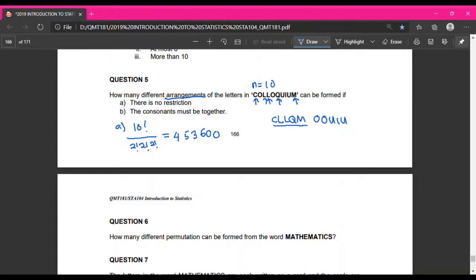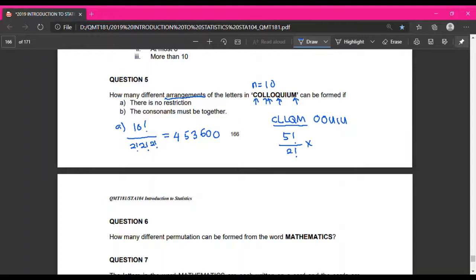So, macam mana cara you nak jawab soalan ni? Yang pertama, sebab dia kata consonant must be together, kita kena jadikan consonant ni sebagai satu letter sahaja. Tetapi, because of ada yang berulang dekat sini, so it will be 5 factorial, sebab ada semua 5, divide dengan 2 factorial, sebab ada 2L. Okay, multiply dengan, okay, ni dah jadi 1. So berapa banyak arrangement yang you boleh buat bila konsonan ni mesti bersama.